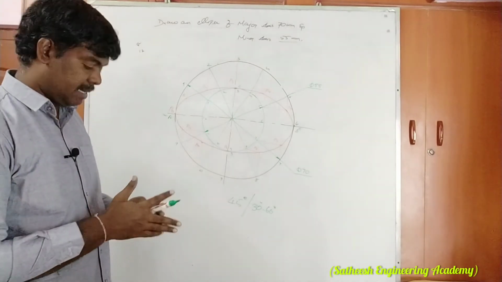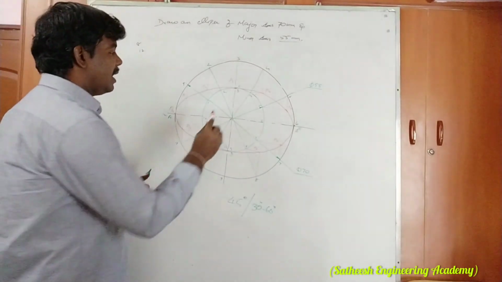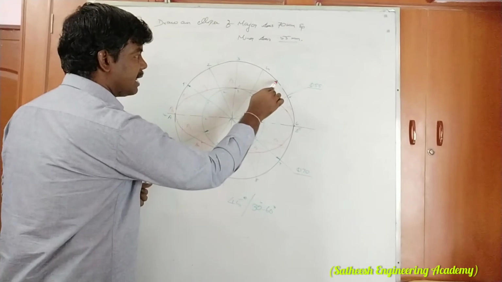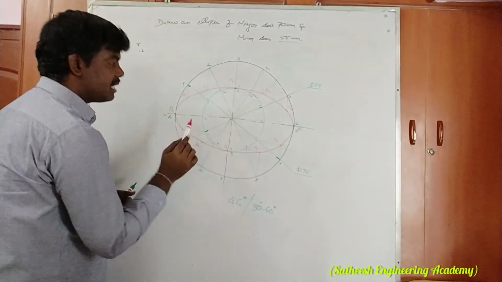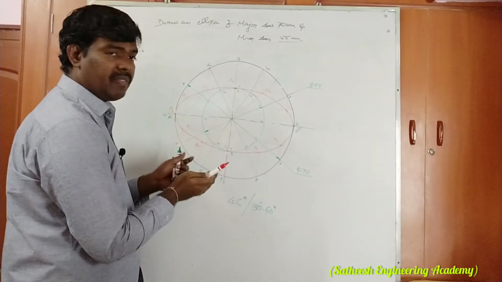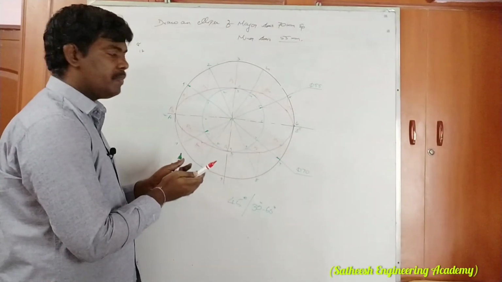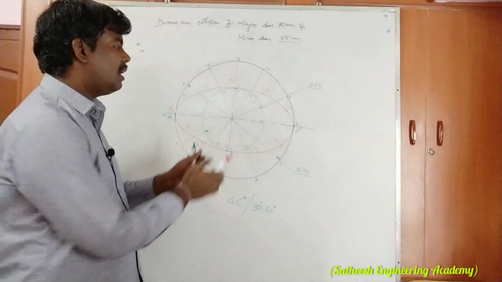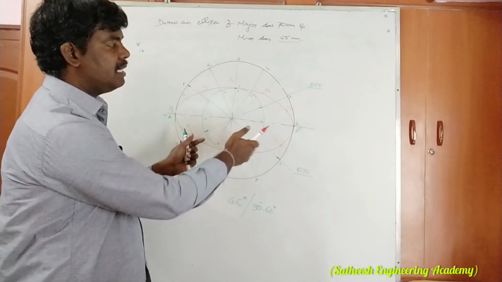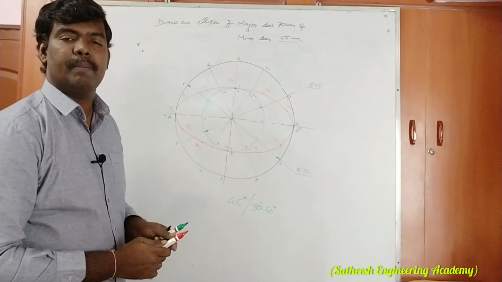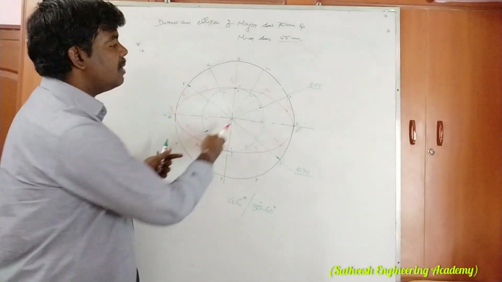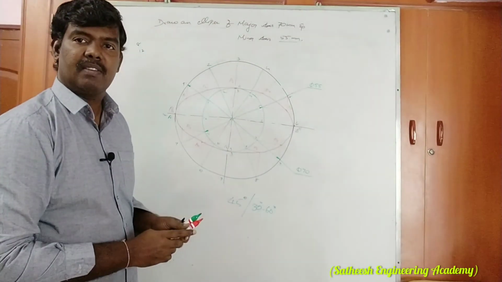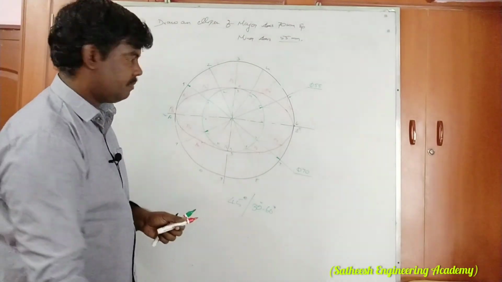Or otherwise you can draw 45 degree lines separately. Okay, already n number of inclined lines are there. So to avoid that confusion, already some lines are there, on that line we continue the dimensions also. Otherwise you draw 45 degrees separately, no problem. Clear, that's all.